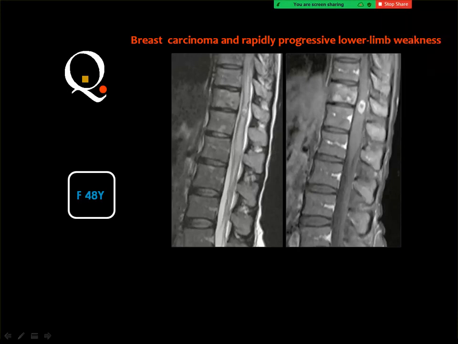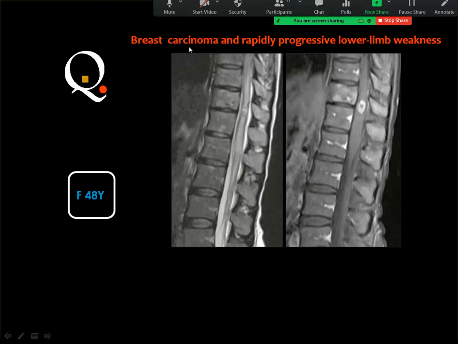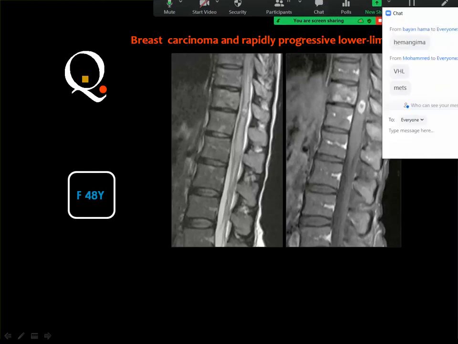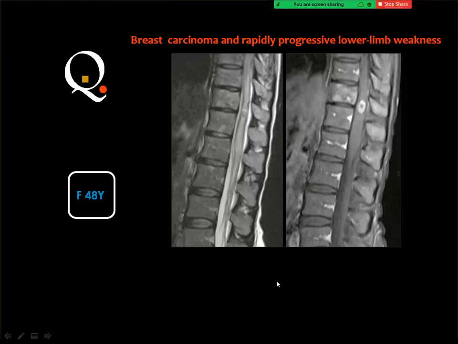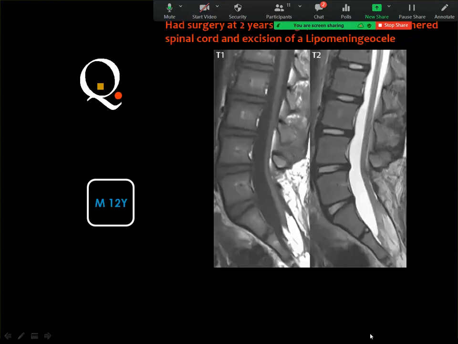Then what about the current case? You got a positive history of malignancy and a lesion in the spinal cord. The answer is easy, and this is metastatic deposit in the spinal cord.